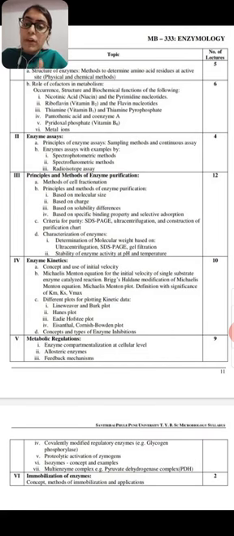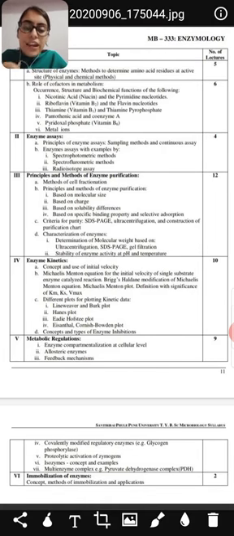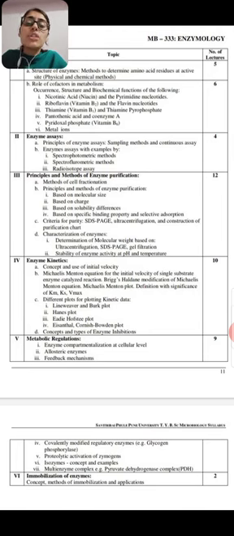So our main purpose is to determine the active enzyme present in the given sample. And the second purpose is, if it is present, then in how much amount, in how many units of enzyme, it is present.